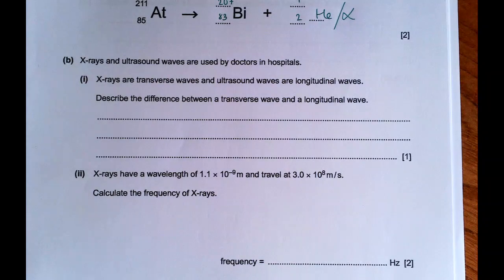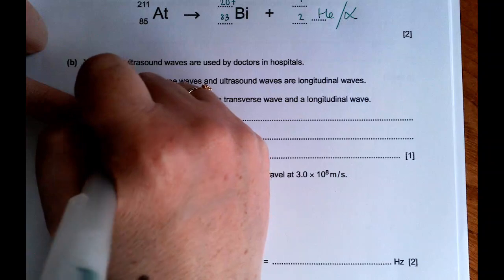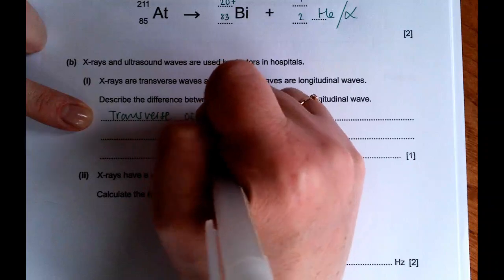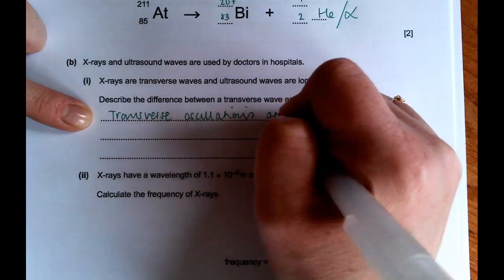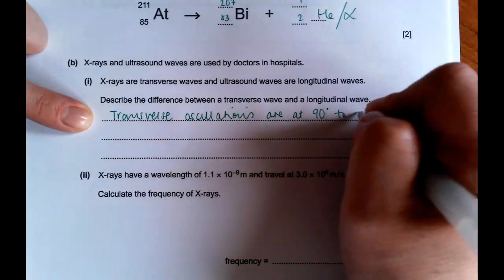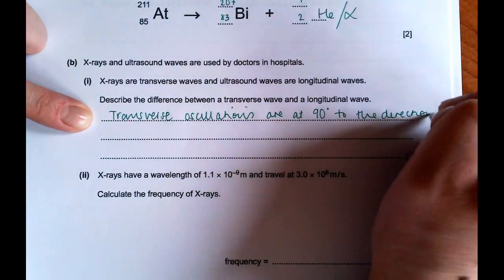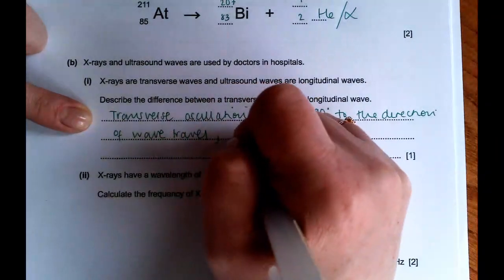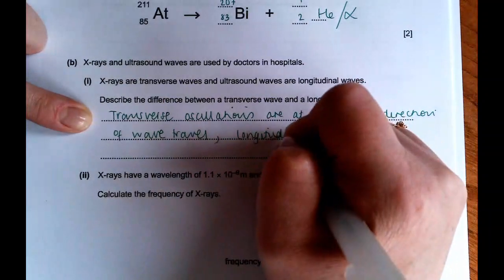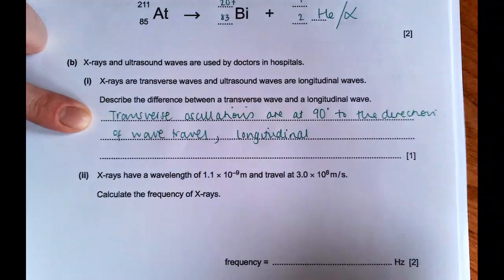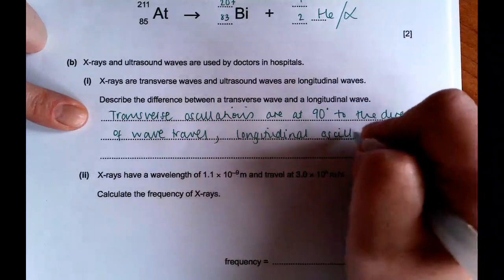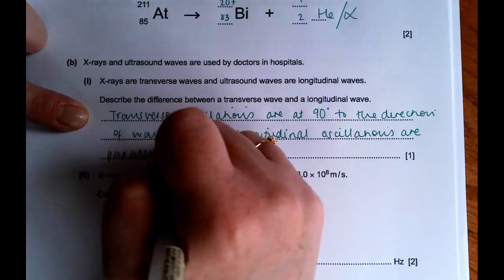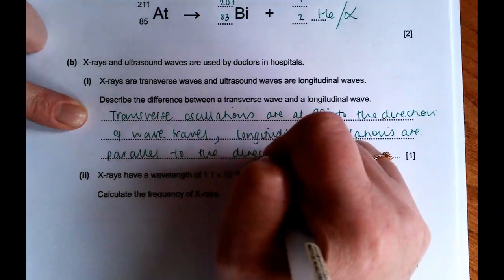So we know that transverse oscillations are at 90 degrees to the direction of wave travel, whereas longitudinal oscillations are parallel to the direction of wave travel.